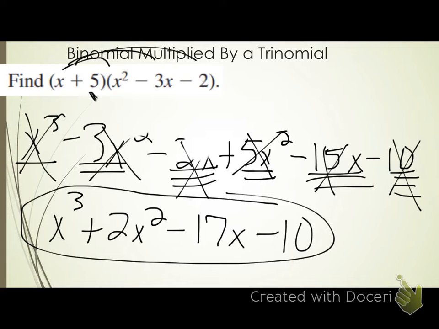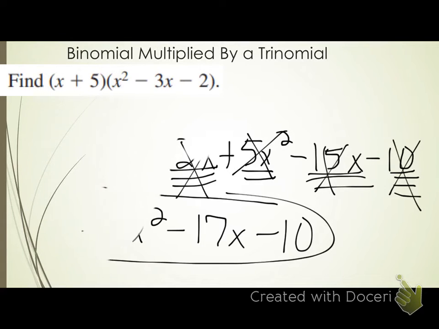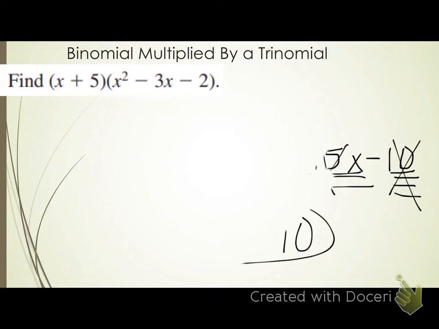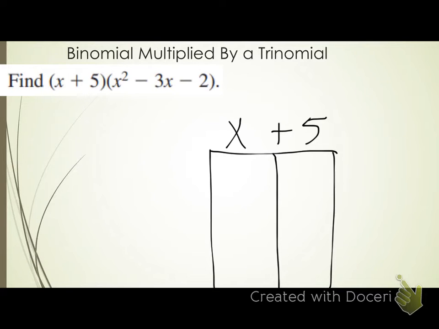Now, like we said earlier, you could do the box method. You just have more boxes than you would with a binomial times a binomial. So I'd have x plus 5, then I'd have x squared, a negative 3x, a negative 2.